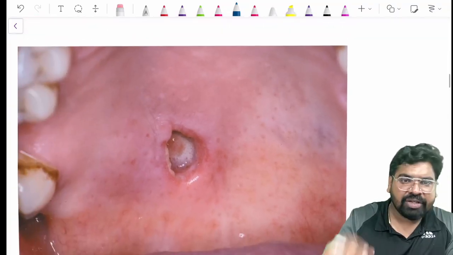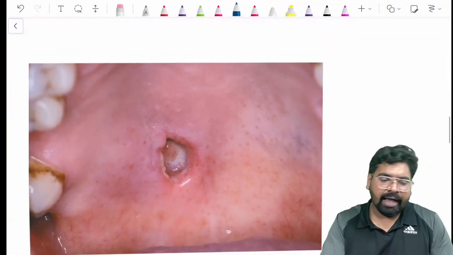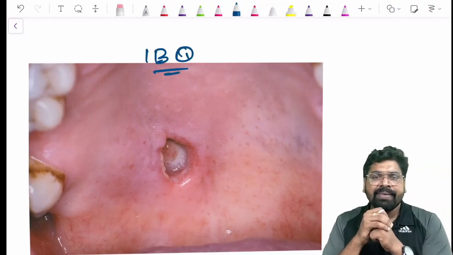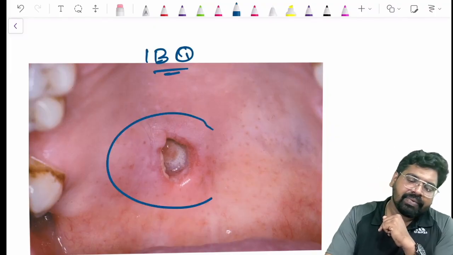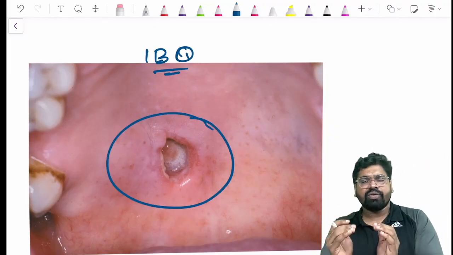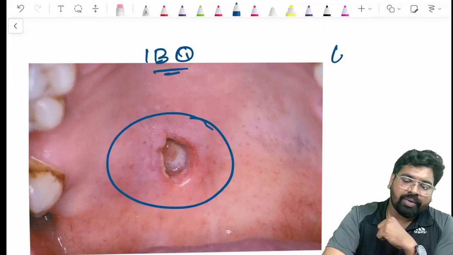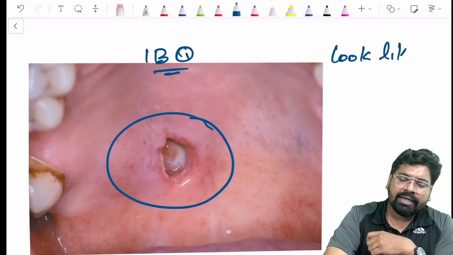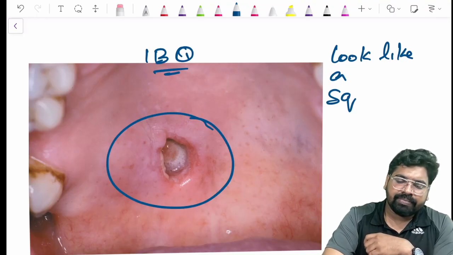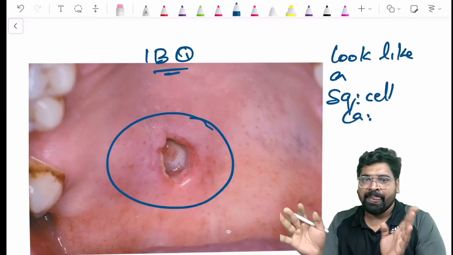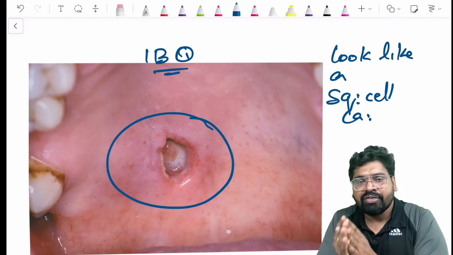This is a very important IBQ, image based question. You can see a large punched out ulcer on the palate, and it will look like squamous cell carcinoma, but it is not.